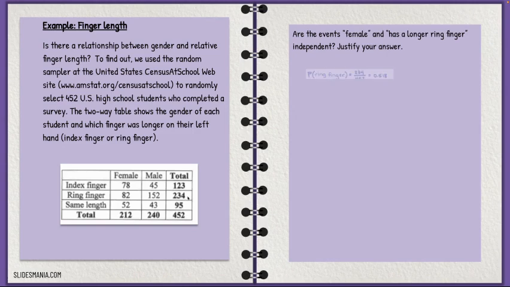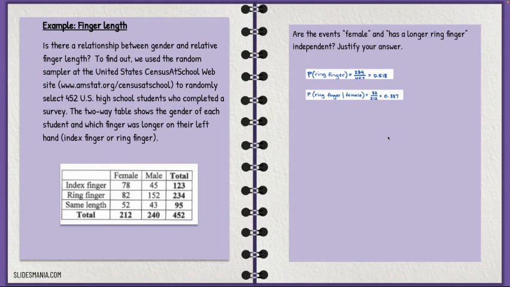Let's see. The probability of the ring finger being longer: ring finger, 234 out of the 452 total. So that is the probability of having a longer ring finger. The probability of ring finger given female is 82 out of the 212, which gives us that.